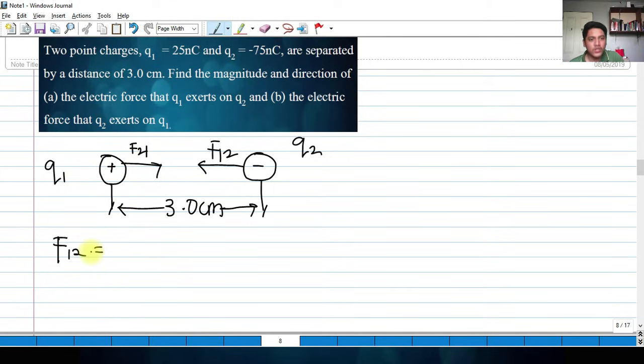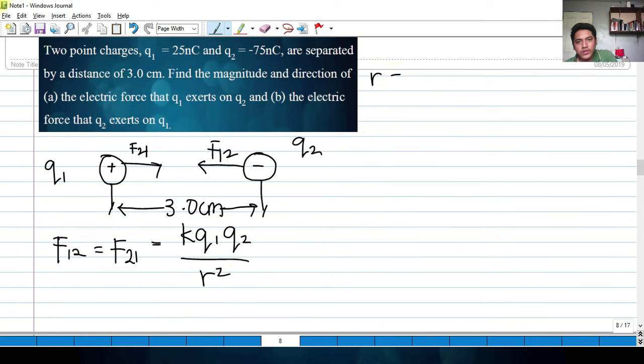And these two forces are equal. Okay? Law of interaction. So F21 is equal to F12, and that is K again, Q1 times Q2 over R squared. But our R is in terms of 3 centimeters, so we have to convert it into meters, 0.03 meters.